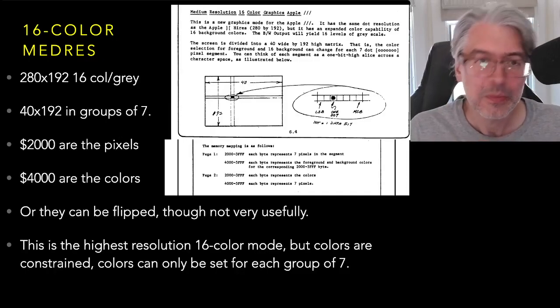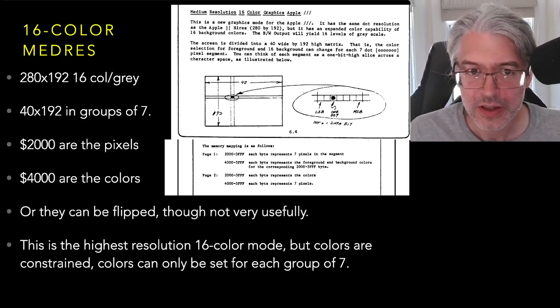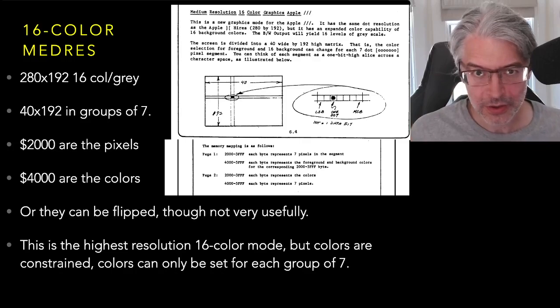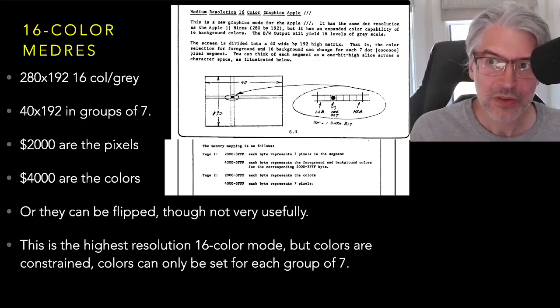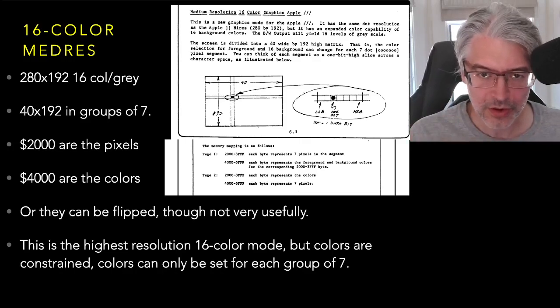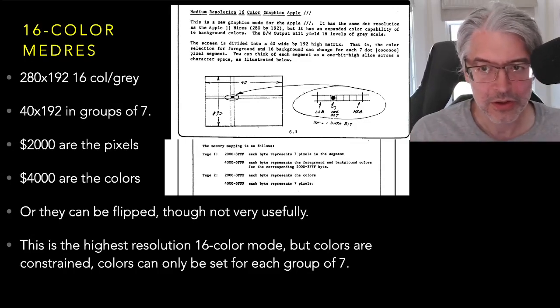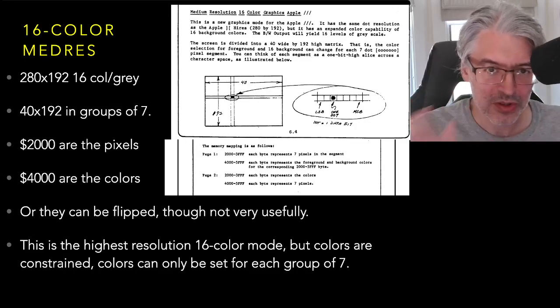There is a medium resolution mode. So this is again the same resolution as the Apple II, 280 by 192. But what's different about this is that unlike the Apple II, on the second page, 2000 are the pixels like the Apple II, and 4000 are colors, which basically set the background and foreground color. So what color corresponds to a 0 pixel?